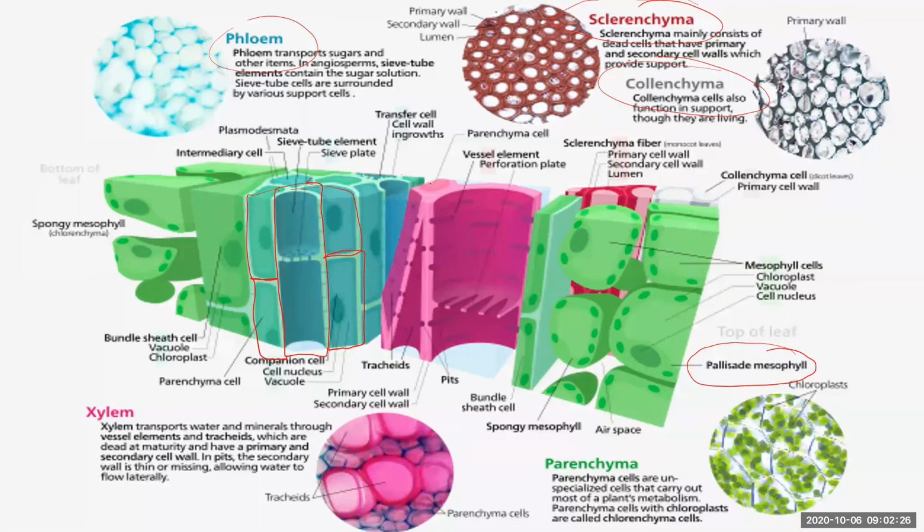While xylem is here on the other side. It has vessel elements. It also has a perforation plate. Perforation plate is different from sieve plate. The perforation plate has a bigger gap, so water can pass through easily compared to the sieve plate here in the phloem. Below, we still have the spongy mesophyll cells.